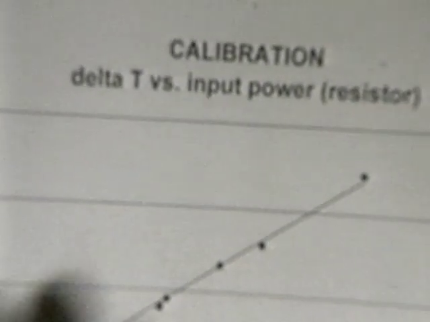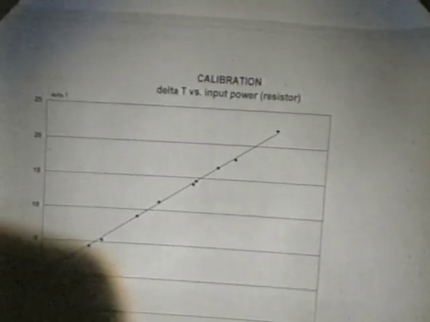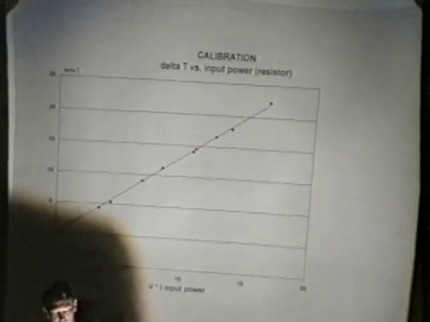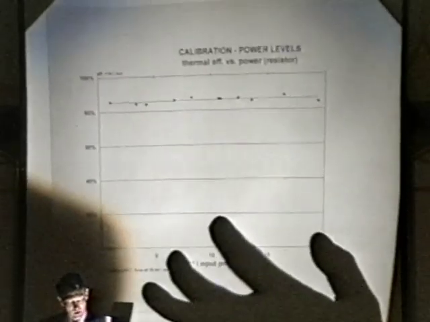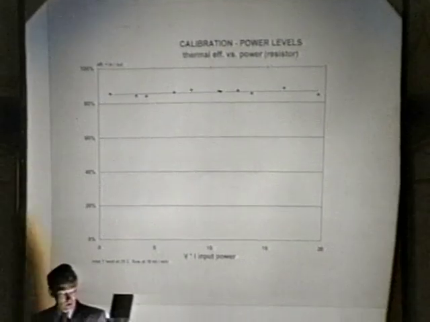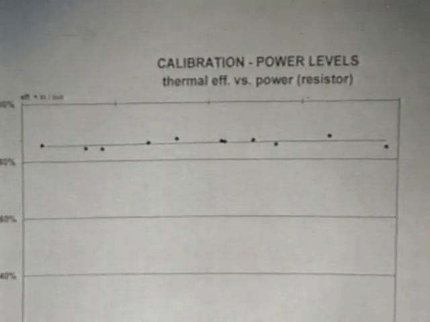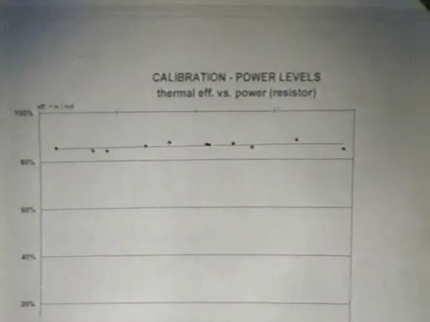But this is somewhere around 86% efficient as far as heat, electrical energy in the resistor and thermal energy out. We then calibrate it over a range of input to the cell, and we know that our calibration constant is about the same. The thermal conductivity of the cell doesn't depend on where we put the voltmeter or the volt supply. We've calibrated against the flow rate.